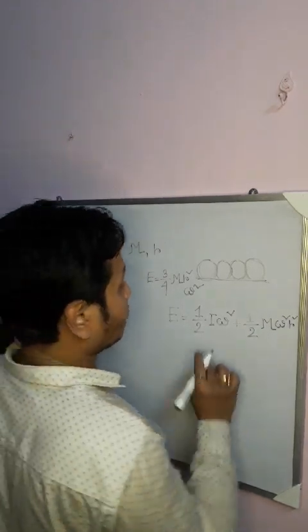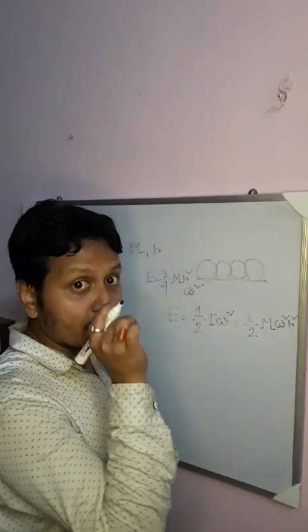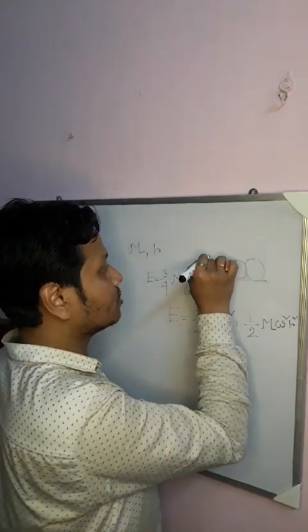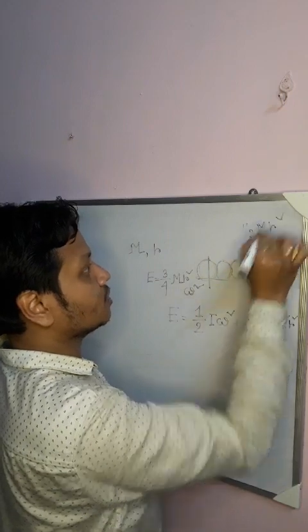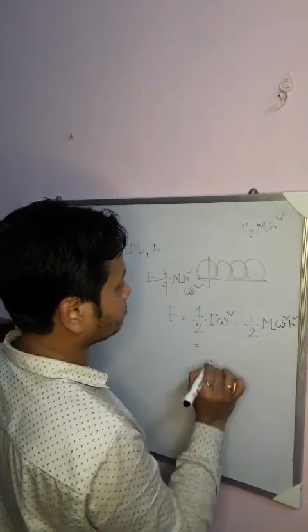And what is I? What is the moment of inertia of a circular disc about its own axis? That is half m r square. So we have to put half m r square.